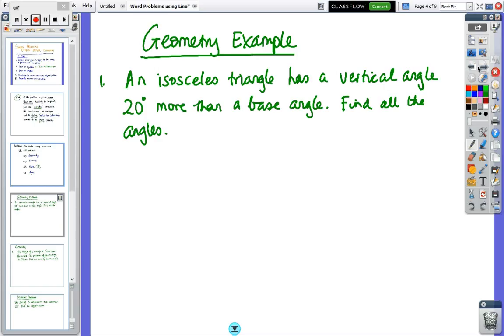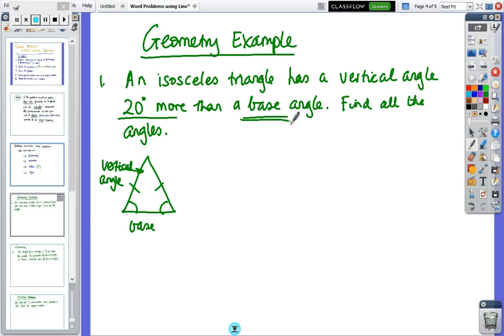Okay, so in this particular question, sometimes a diagram might help you. An isosceles triangle has 2 sides the same, and these angles down here are called the base angles, and this one here is called the vertex angle or the vertical angle. In this question here, the isosceles triangle has a vertical angle that's 20 degrees more than the base.